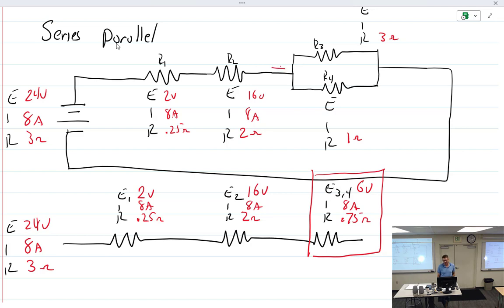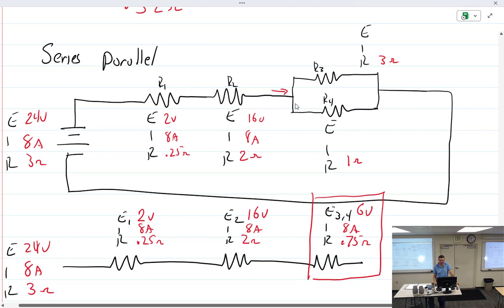Just think of it as coming in right here. Another way of saying it would be that would be our resistance total if that was just a solo parallel circuit. That's your totals right there. So we have a power supply of 6 volts, 8 amps, and 0.75 ohms feeding 2 resistors.